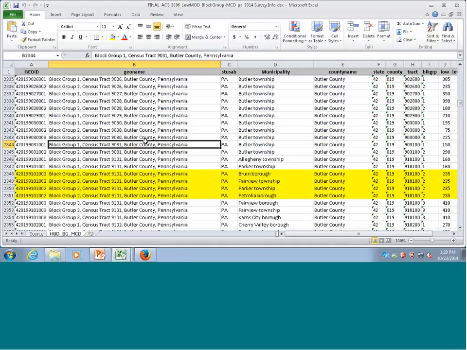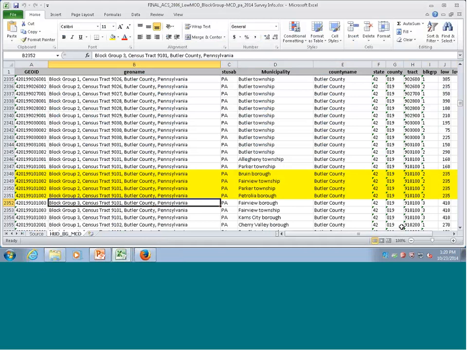Hopefully what everybody is seeing on the screen is the low mod data by census tract, by block group for Butler County. And what we have highlighted in yellow will show you that Bruin Borough, Fairview Township, Parker Township, and Petrolia Borough all share the same census or ACS data.